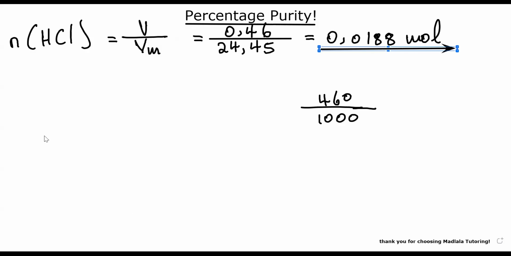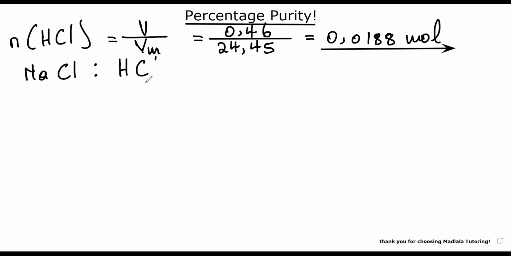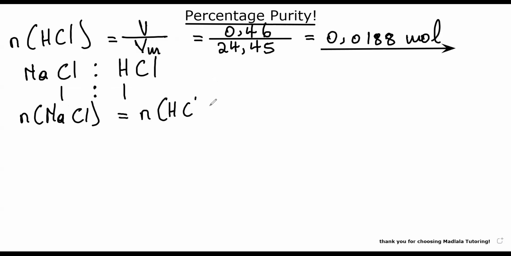Okay, fine. So now that we know the number of moles of the formed hydrochloric acid, then what are we going to say? Well, we are just going to relate sodium chloride with hydrochloric acid. And here we see that they actually relate in a 1:1 ratio, which means the number of moles of sodium chloride are exactly equal to the number of moles of hydrochloric acid.